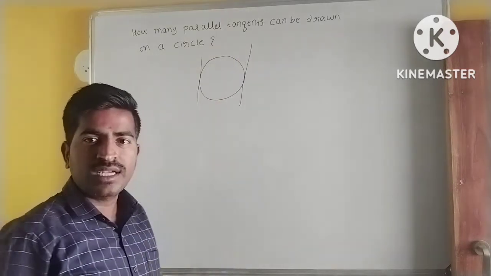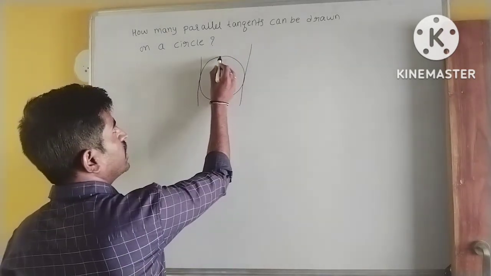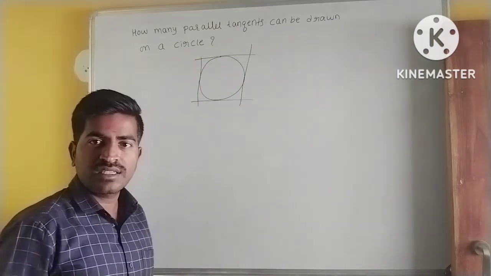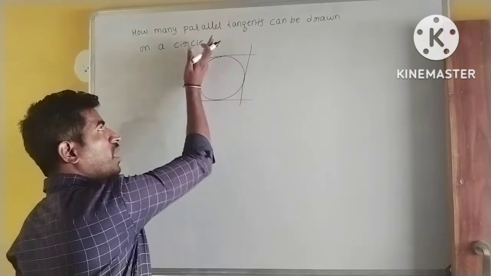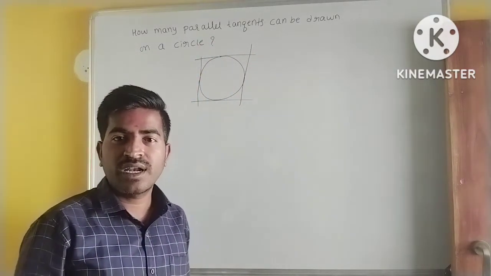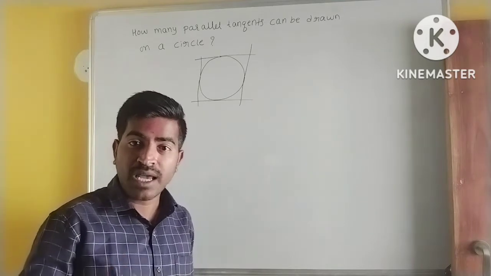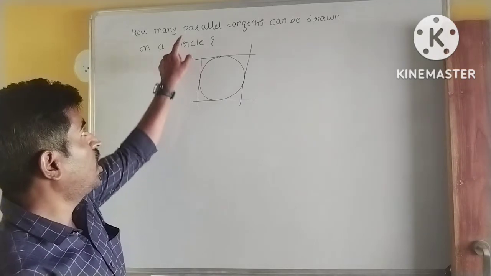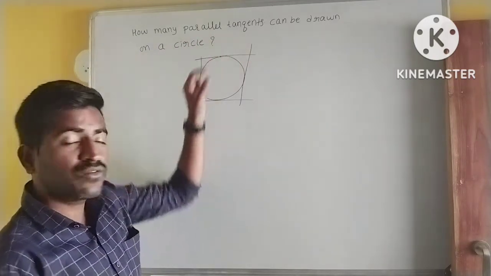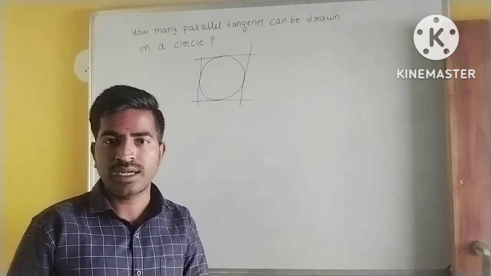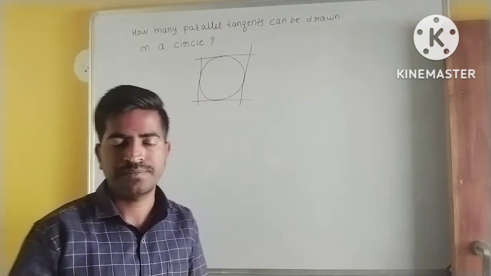This is one set of parallel tangents, and you can draw in this way. This is another set, and you can draw as many as possible. So you can say infinitely many parallel tangents are possible on a circle. But when the question is how many parallel tangents can be drawn for a given secant line, only two parallel tangents are possible.